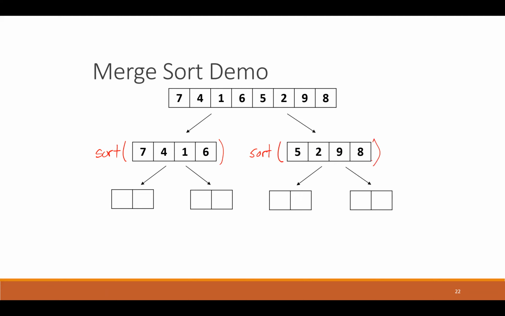And again, the size is still greater than 1, so I'm going to recursively call sort on these. I'm going to first split up these lists into two sublists, left and right, in a very straightforward manner, and recursively call sort on both of them.